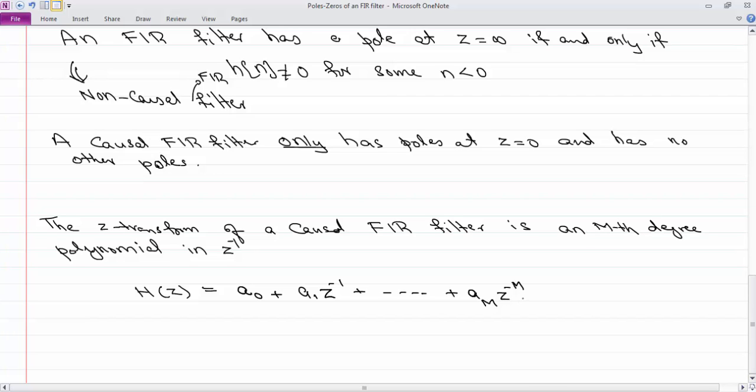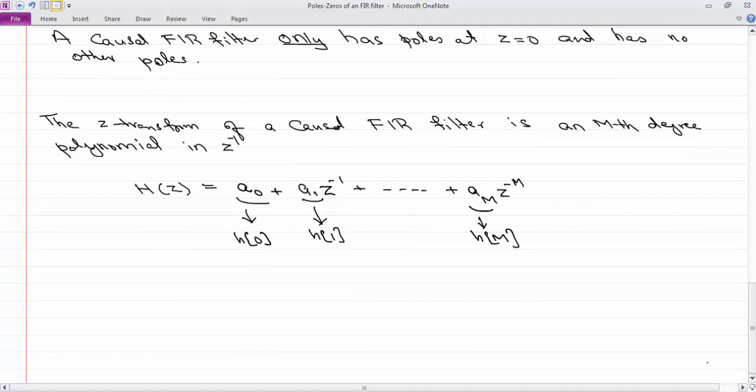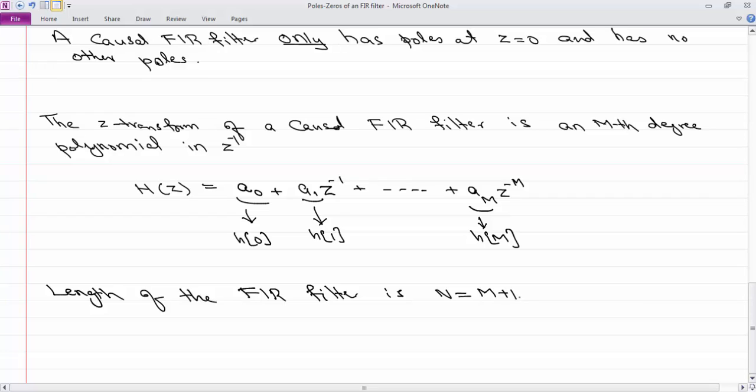So it's an mth degree polynomial, and a0 corresponds to h0, the next coefficient corresponds to h1, and am corresponds to h capital M. So if you have an mth degree Z transform, then the other conclusion you can make is that the length of the FIR filter is capital N, the length is equal to M plus 1.